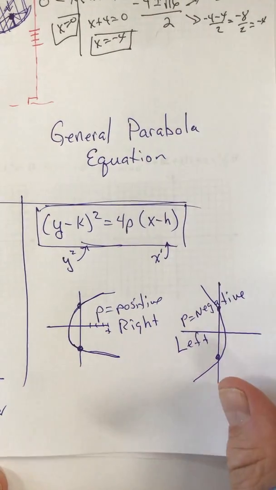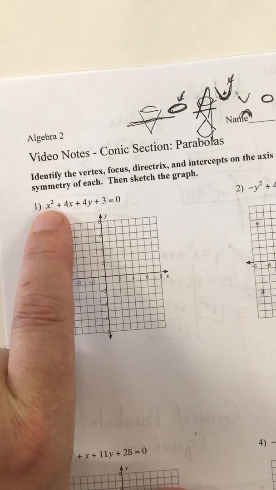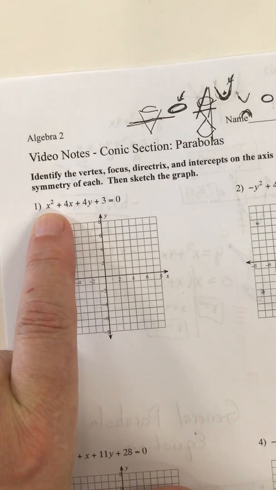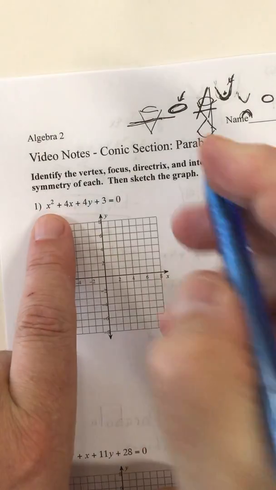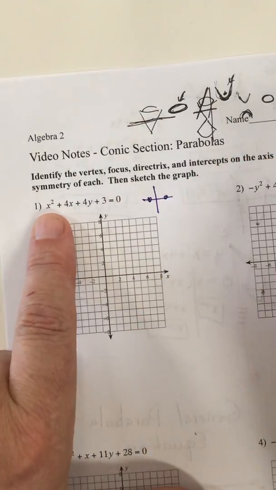Okay, with that, let's try some examples that are on the front now. Right here I can tell that this is going to cross the x-axis twice because the x is squared. So in my mind, I already know it's going to cross the x-axis twice like that.